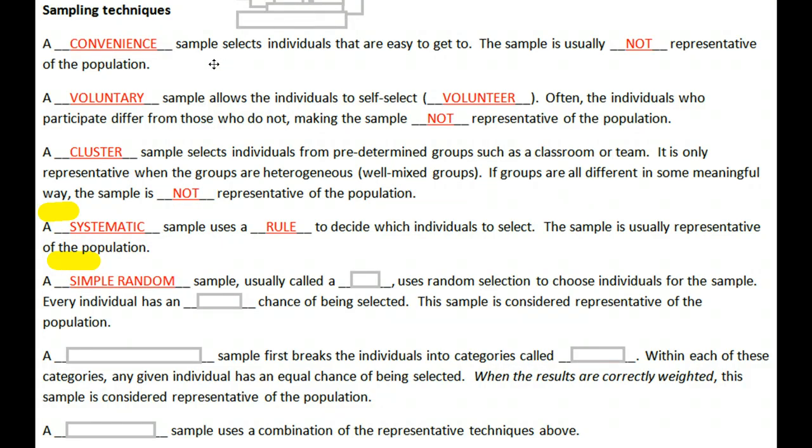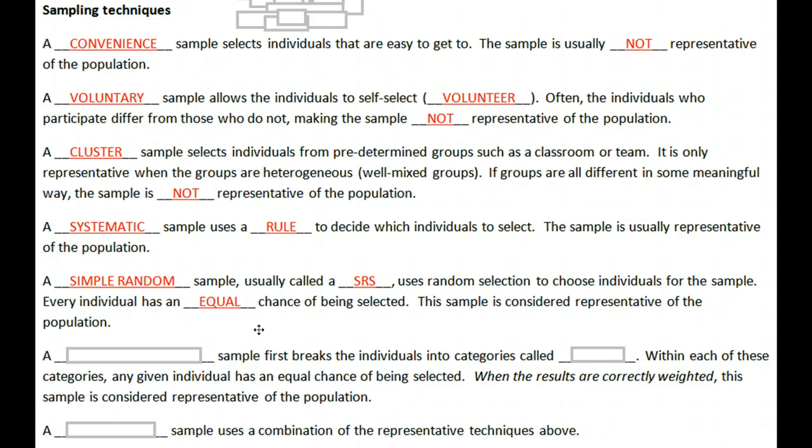Next one is a simple random sample, often called an SRS. This uses random selection to choose individuals from the sample. The key to a simple random sample is that everyone has an equal chance of being selected, and it's considered representative of the whole population. SRS is kind of the gold standard of statistics.